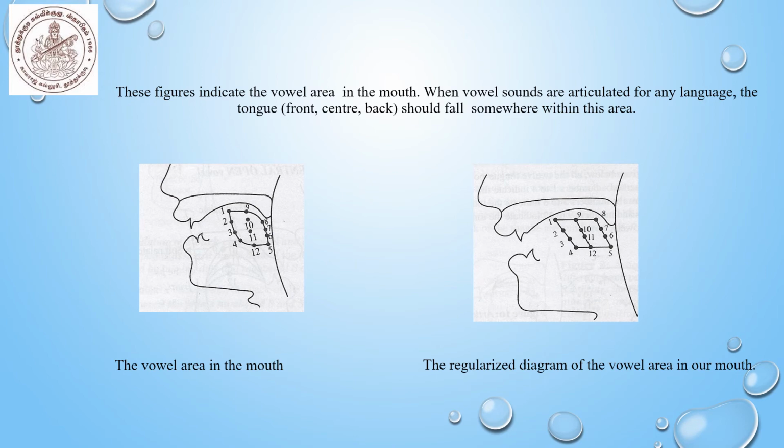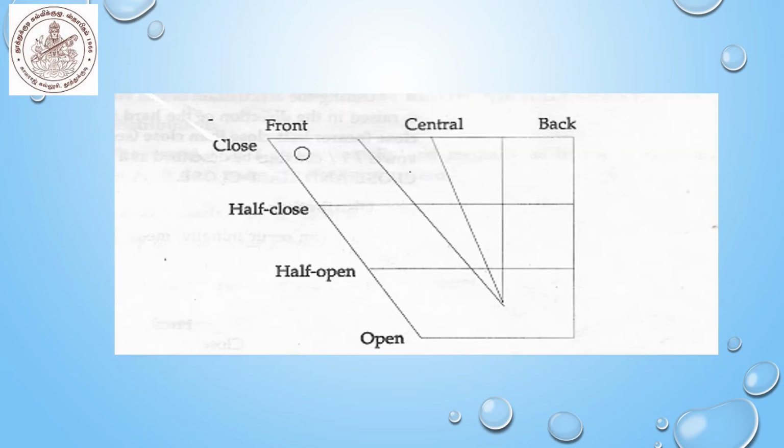The same 1, 2, 3, 4 can be seen in the regularized diagram also. Only that instead of curves, lines are used in this diagram. This is the diagram that is used for vowels as well as diphthongs classification.